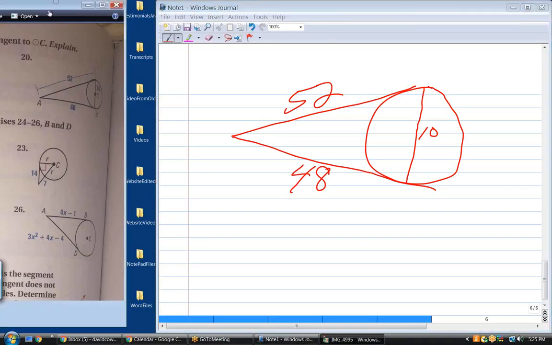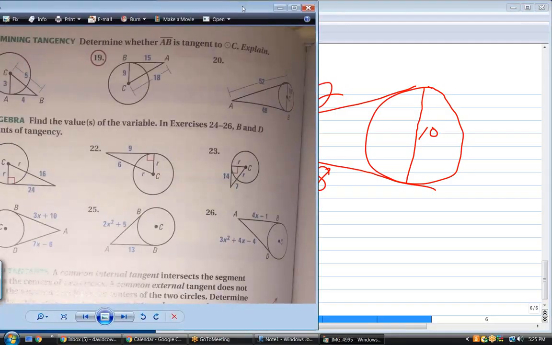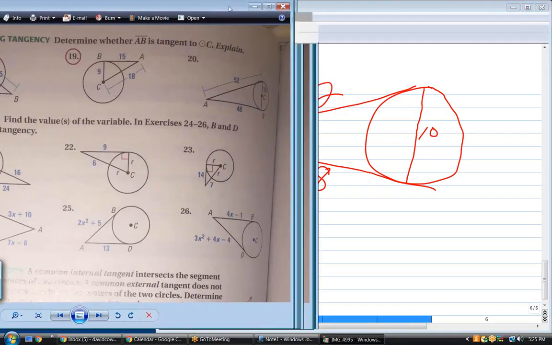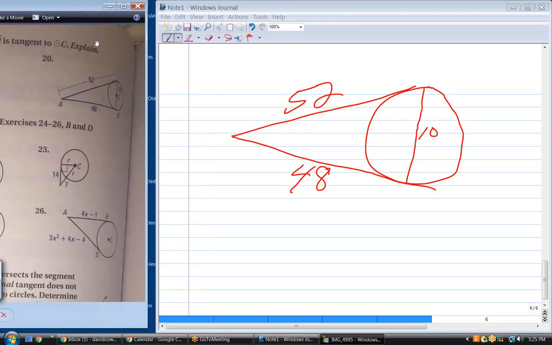AB, right? Oh, okay. Determine whether AB is tangent to circle C. So that needs to be 48 equals square root of 52 minus 10. Well, if I had that line right there going to the center of the circle, well, I know that's 5.